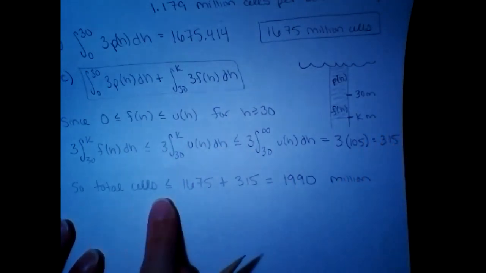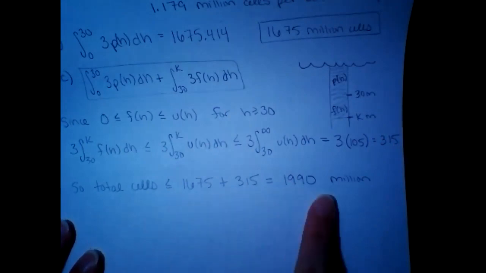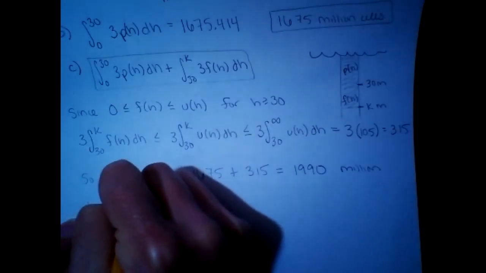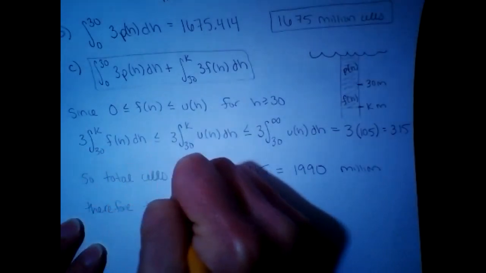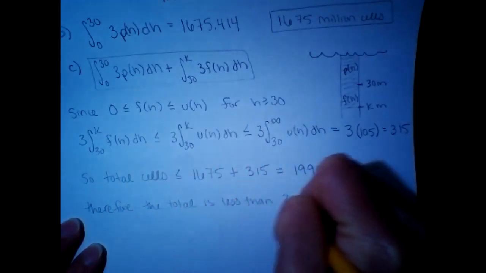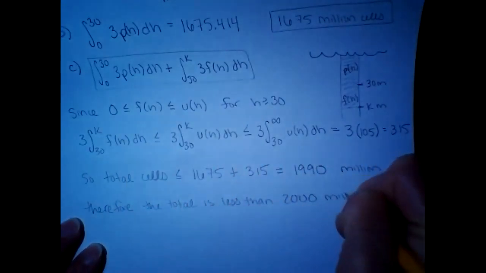All right, so the total cells has to be less than this amount. And so therefore, you can throw a therefore in here. Therefore, the total is less than 2,000 million cells.